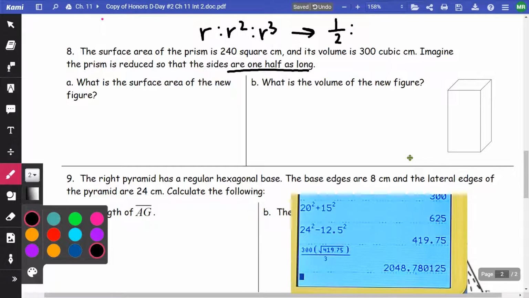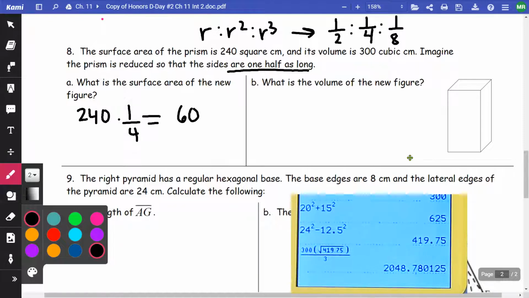My surface area is going to be 1/2 squared, which is 1/4. My volume ratio is going to be 1/2 cubed, which is 1/8. So for the surface area, I start with 240, times it by 1/4, and I get 60 square centimeters.